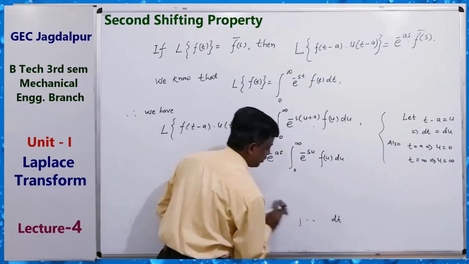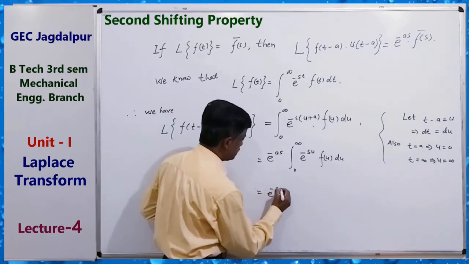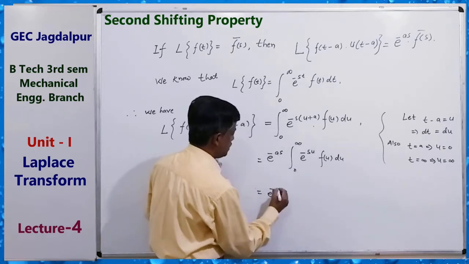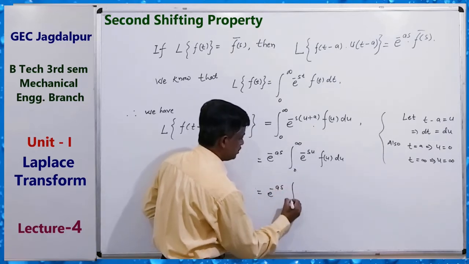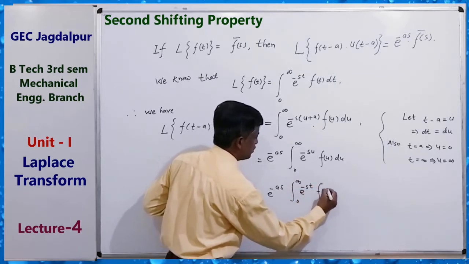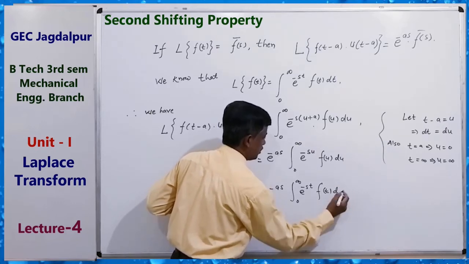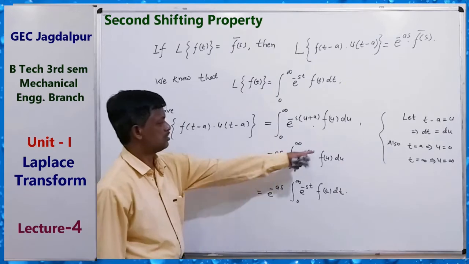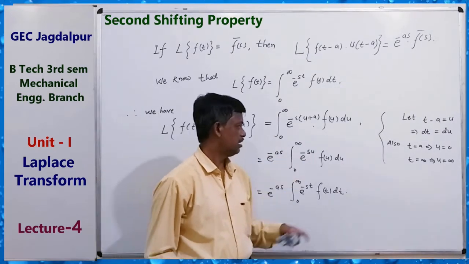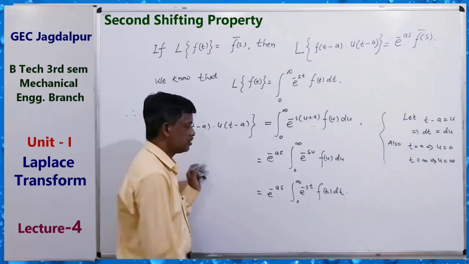So this can be written like this: e to the power minus as, 0 to infinity, e to the power minus st f(t) dt. In place of u, you can write t, because in a definite integral f(t) dt equals f(x) dx.